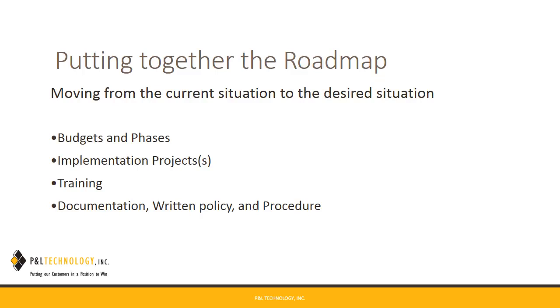Other times, due to budget constraints or timing constraints, the long-term roadmap can be broken up into a series of phases. So you can then work with your IT experts that did the assessment, incorporate the goals that you came up with during your planning, and work to break that up into a series of phases.